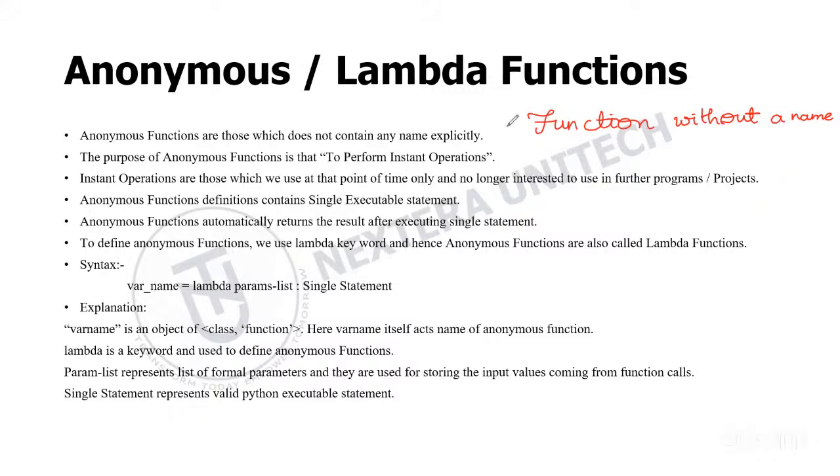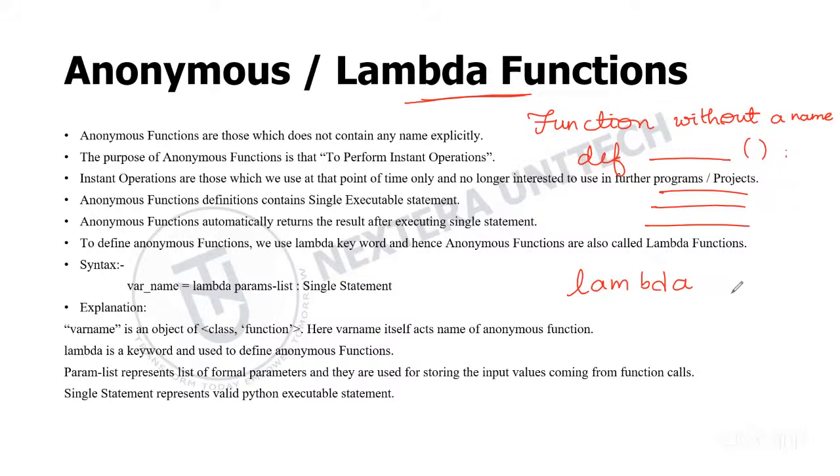So instead of writing a full function using a def keyword and function name and then formal parameters and then function body, we will write the lambda function directly without using the def keyword. In a single line, using the word lambda, we can create the function.